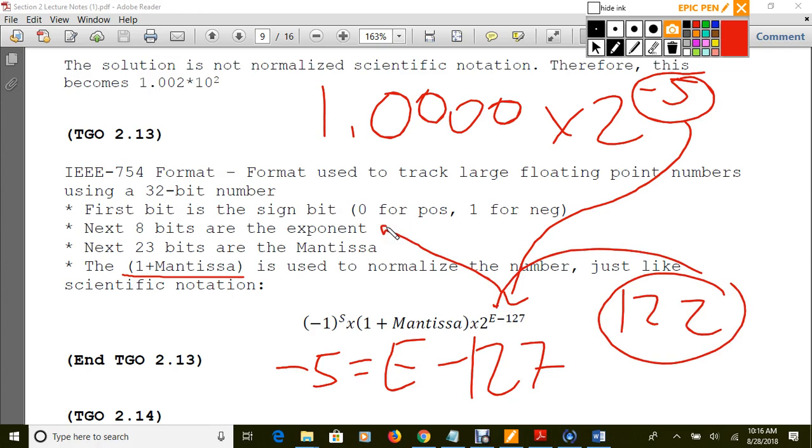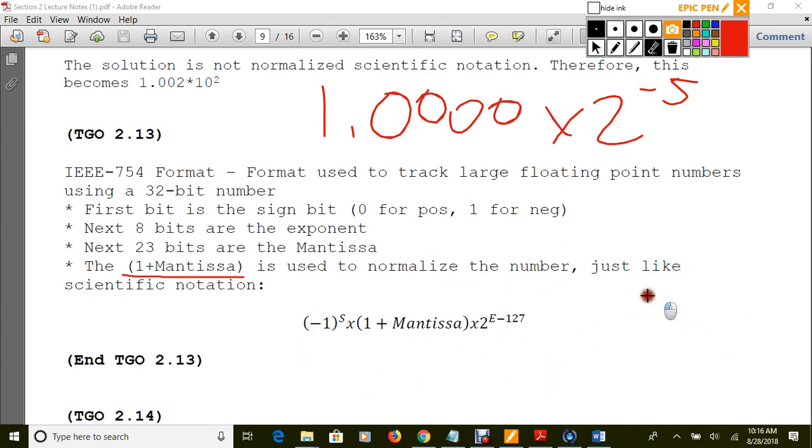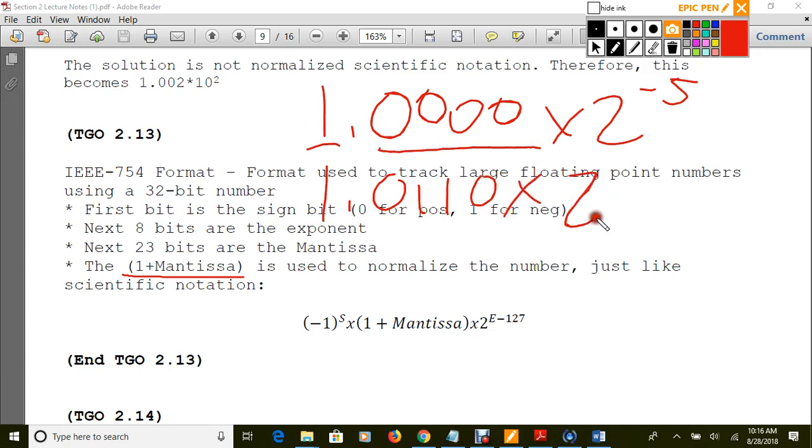Now what this mantissa means is that in the 1 plus the mantissa, we assume the first digit is a 1, and everything after that is the mantissa. So a better example would be 1.0110 times 2 to the 0. Using the format, we know it's positive, so the sign bit is 0.